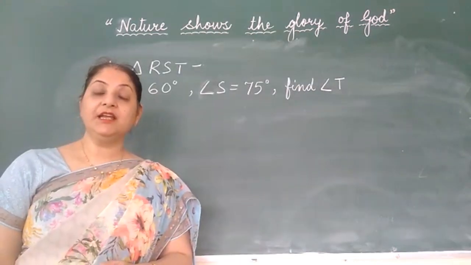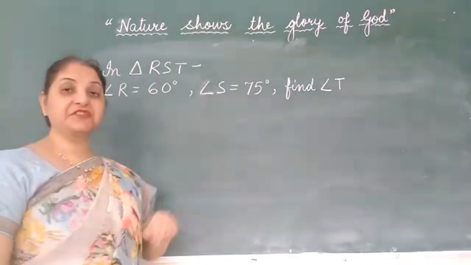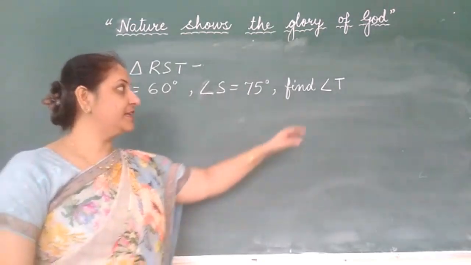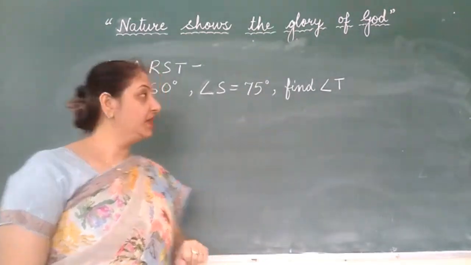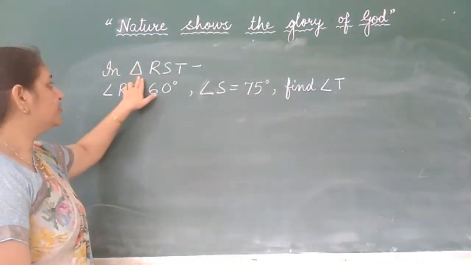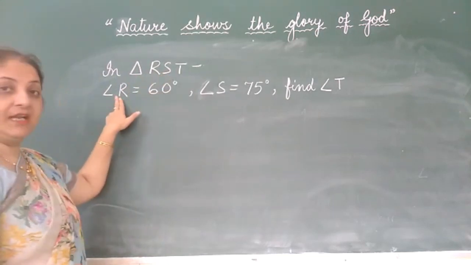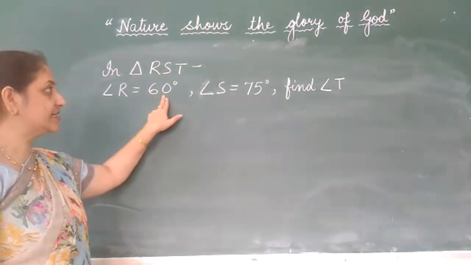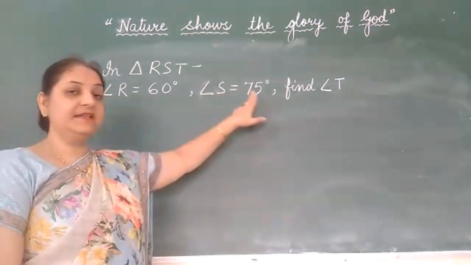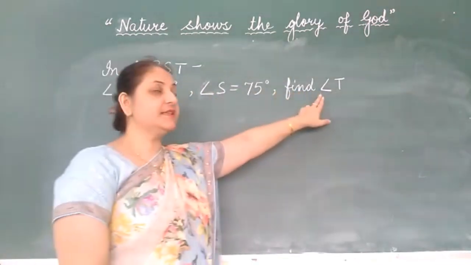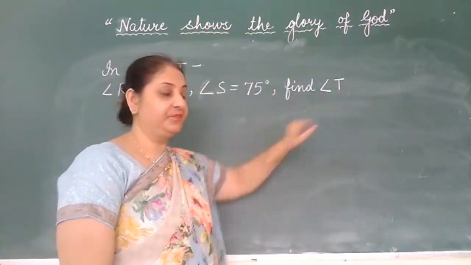Now let us learn, if two of the angles of a triangle are given, how to find out a third angle. In this example, in triangle RST, if angle R is equals to 60 degree, angle S is 75 degree, then what is the measurement of angle T?